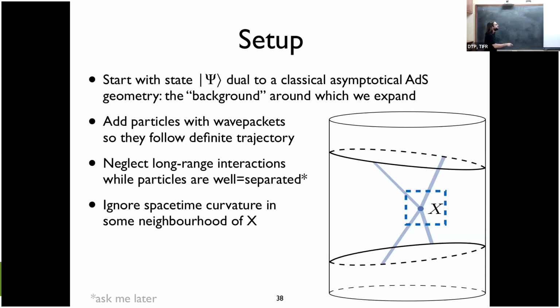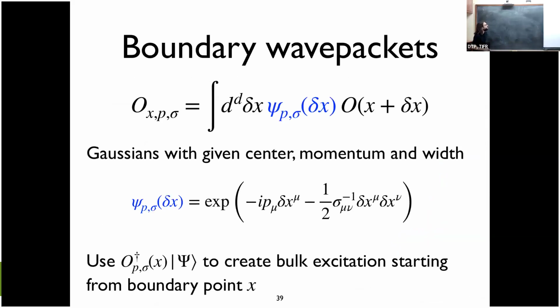Therefore, we assume that they all interact with each other in some locally flat region above. So the correlation function will be proportional to some bulk scattering amplitude times all this propagation of things. That's the framework. Our wave packets are just simple Gaussians, as I mentioned. There was a question about how we actually focus, but we'll come back to that.